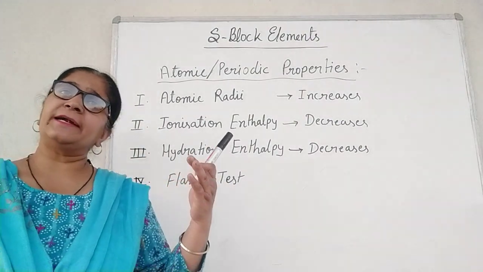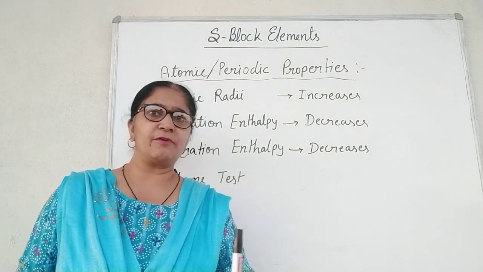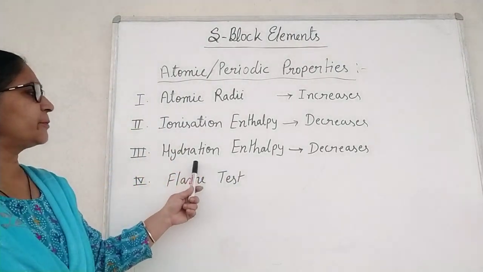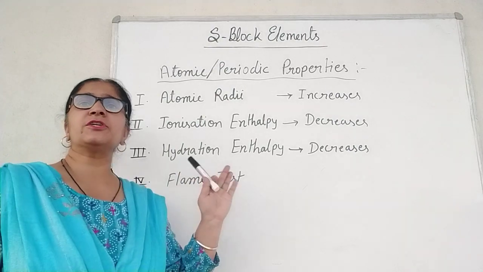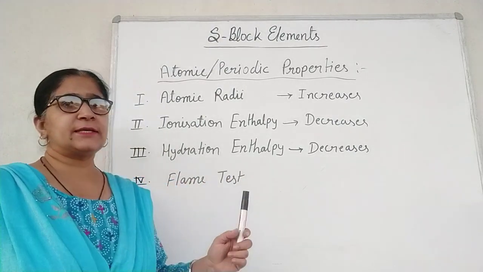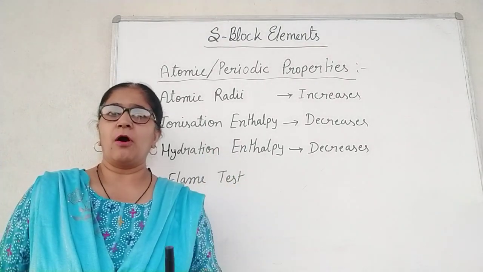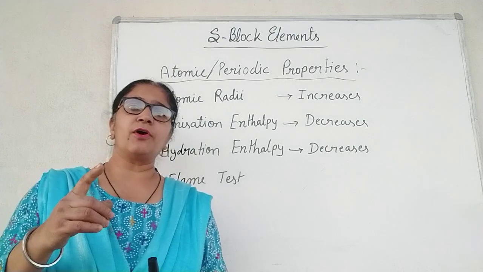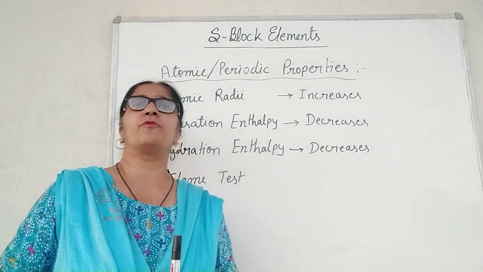Let's see the next property, enthalpy of solvation, or we can say enthalpy of hydration. Enthalpy of solvation or hydration energy is the amount of energy released or absorbed when 1 mole of an ion is dissolved in a large amount of water.